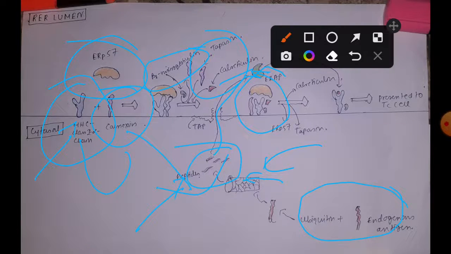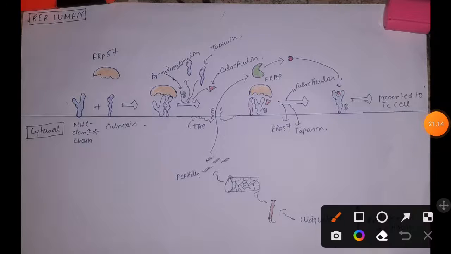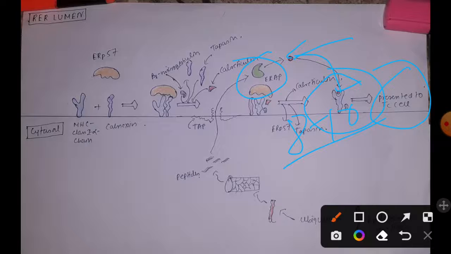Okay, and now all the peptides which are excessive in size are further processed by endoplasmic reticulum aminopeptidase, which will produce a peptide of 8 to 10 amino acids. Okay, now it will be presented by the class 1 MHC molecule to the TC cell, right? So that is the entire idea of antigen processing by the MHC class 1 molecule.